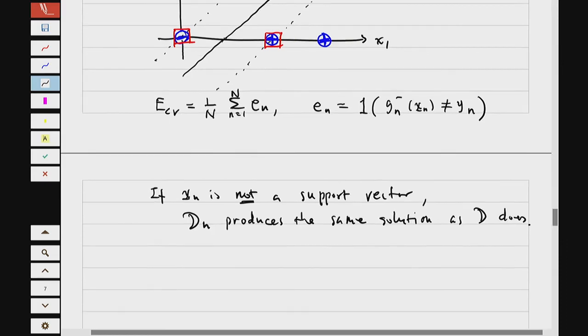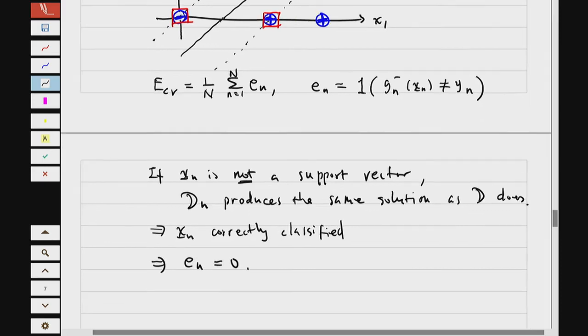Yeah. So Xn will remain correctly classified. And then this, of course, implies that En equals 0 for all of the non-support vectors.